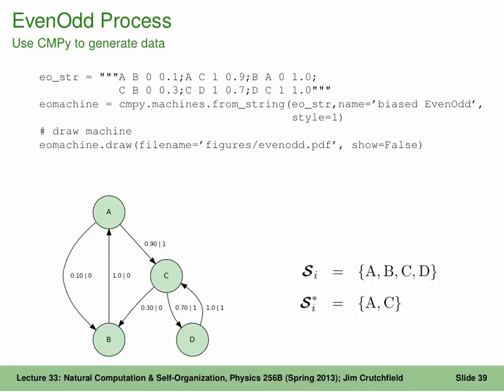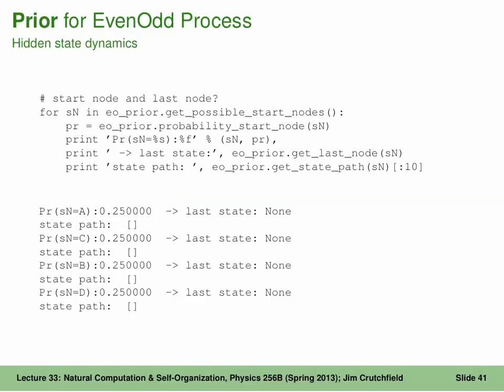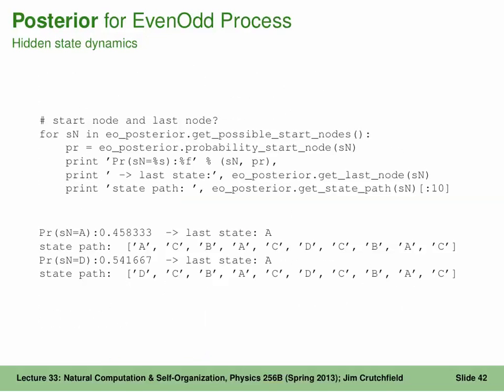And then the relative probabilities of the two start states ends up being the fact that both of these are possible, but this is a transition probability of 0.9 and this is a probability of 1. And so it's actually just reflecting that fact. So they're almost the same, but not quite. Okay. And given lots and lots of data, you would never be able to tell, unless I told you, whether or not it was A or D, given this inference.